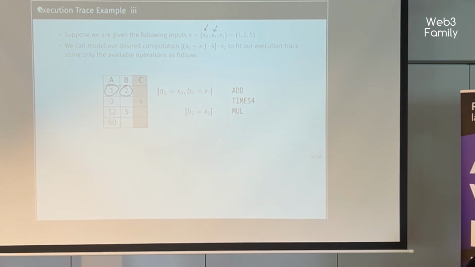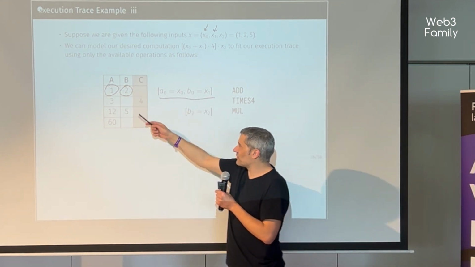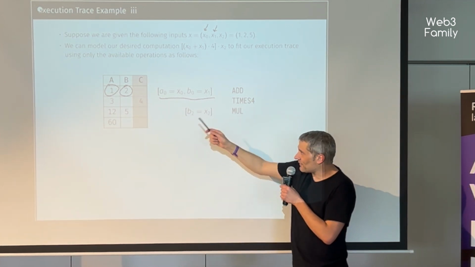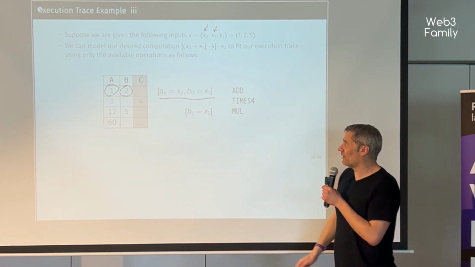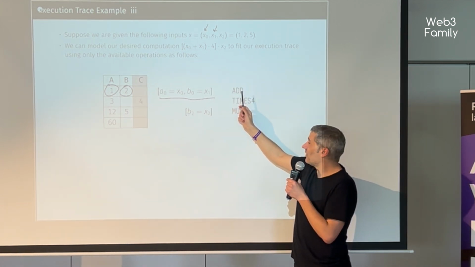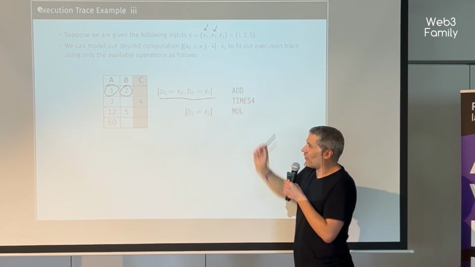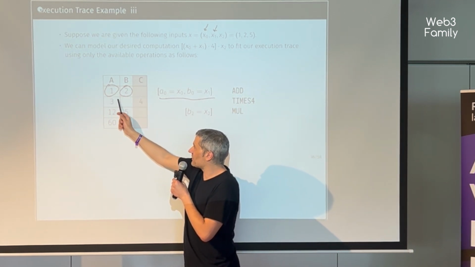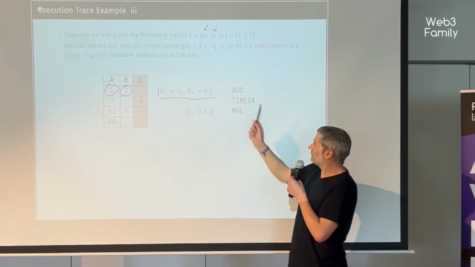The first 2 inputs should be copied in A0 and B0, the first values of the columns. And then here I just add. In this row, I force the add operation. Remember that the add operation adds and then copies the result in the next row.